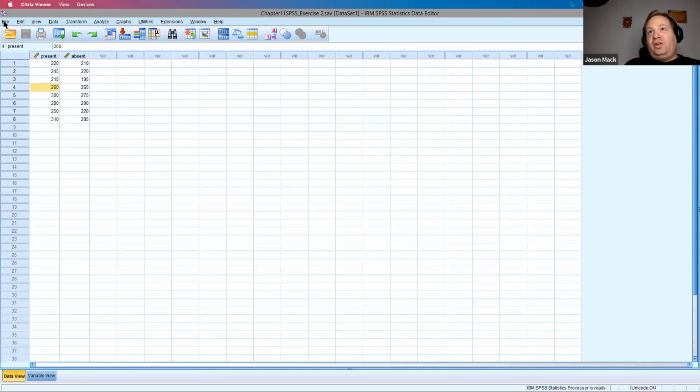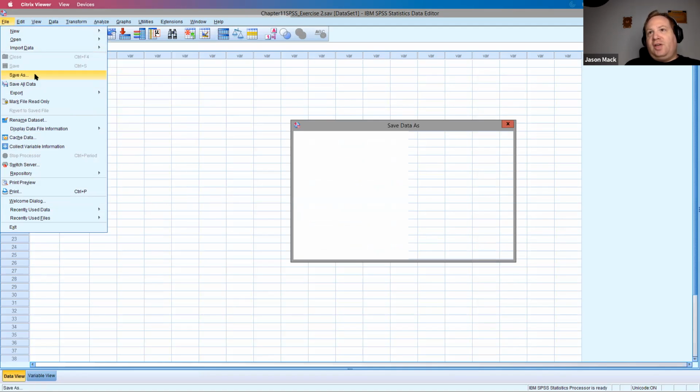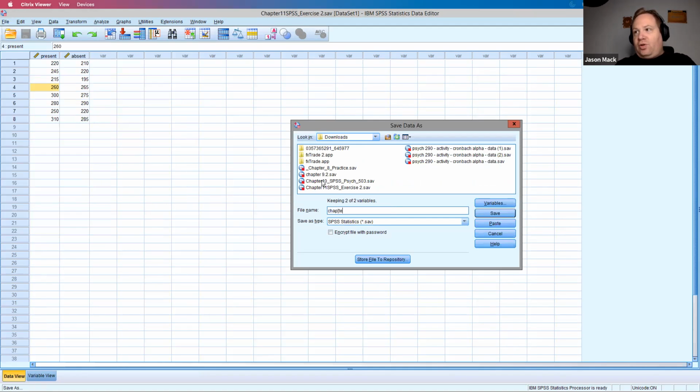And then literally just going to save this as a file, save as, and then you can say chapter 10 for worksheet, like that would be fine. And then save.